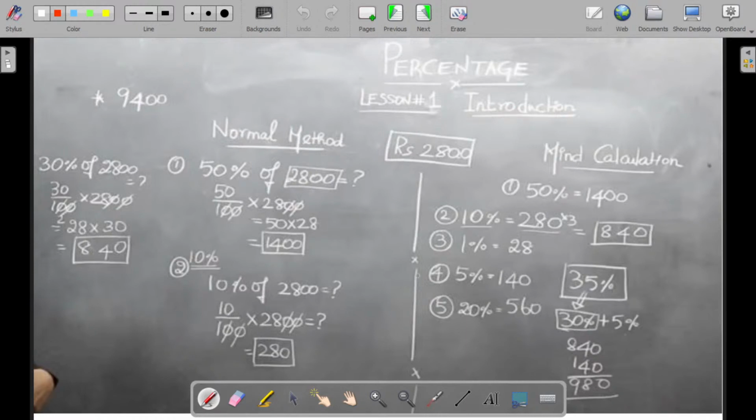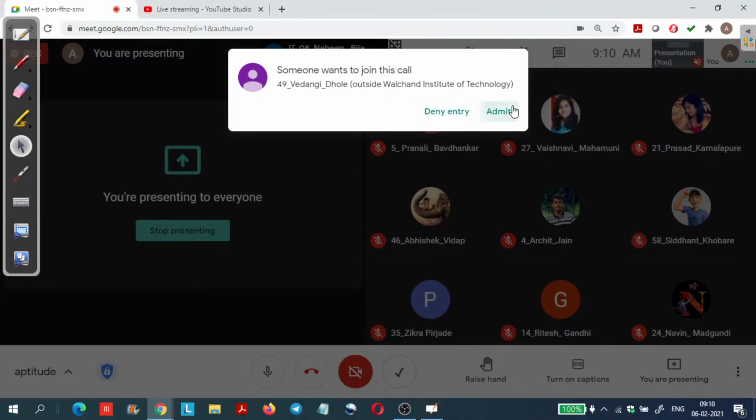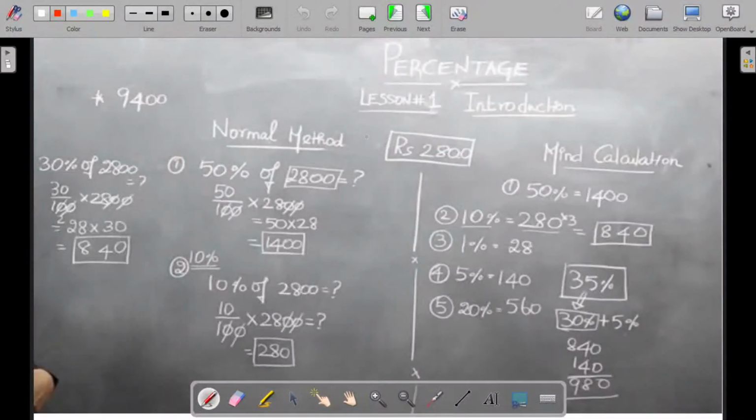So as you know in the basics, for the percentage, how do you do the calculation? The normal method is, suppose 50 percentage of 2800.